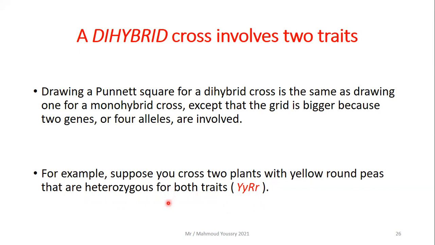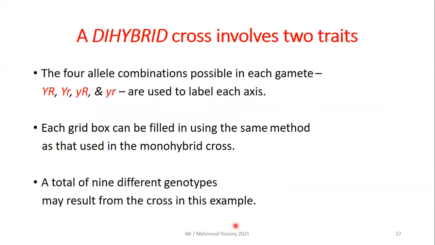So the 2 plants that are heterozygous for both traits have Y capital Y small, R capital R small. The 4 allele combinations possible in each gamete, Y capital R capital, Y capital R small, Y small R capital, and Y small R small, are used to label each axis.